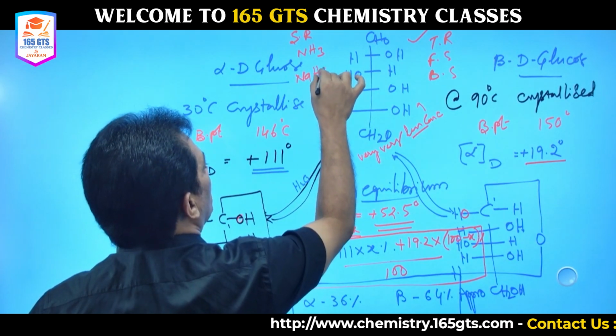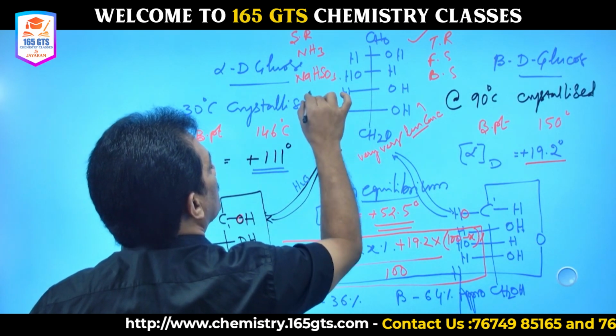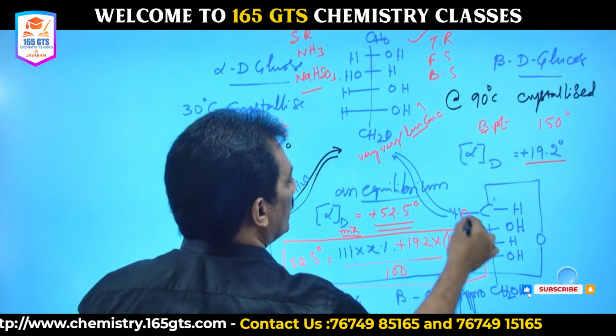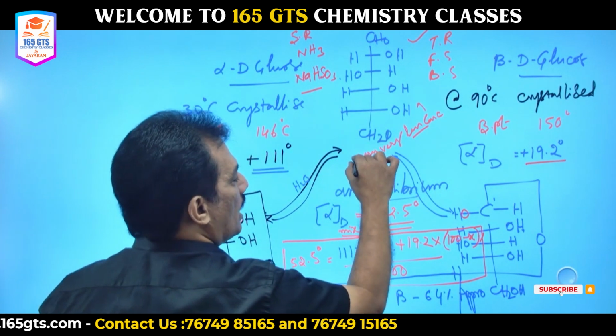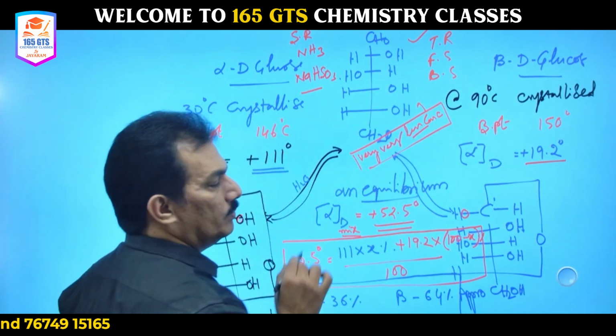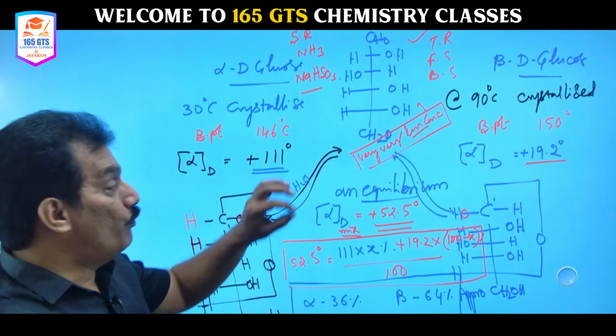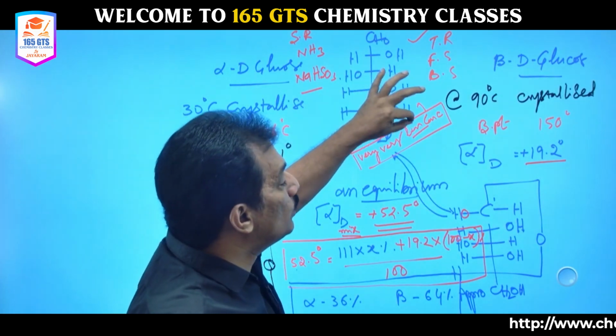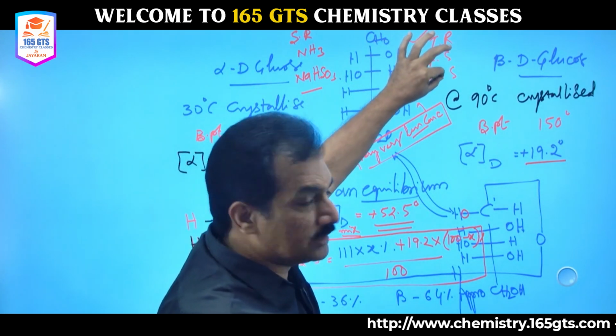The reason is simple. When we discuss this equilibrium, the open form is very unstable and is formed in very low concentration, which is sufficient to respond with the first three reagents.